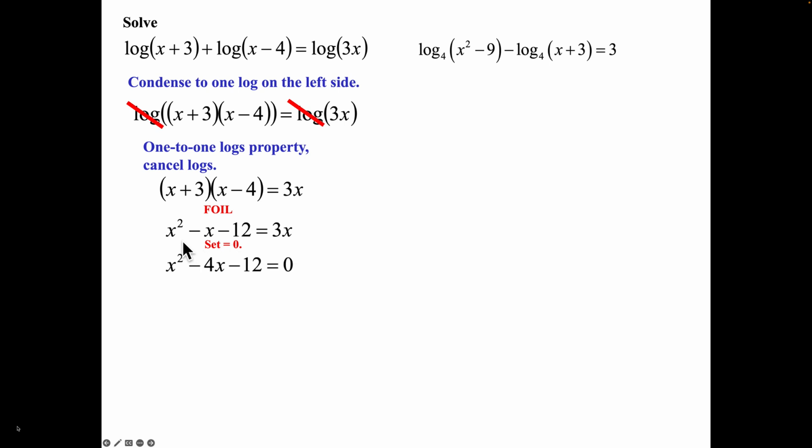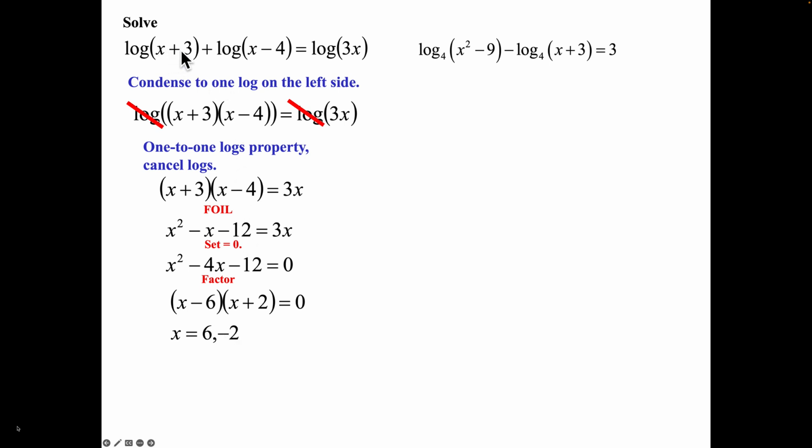Subtract over the 3x, so it's equal to 0. Now factor. What 2 numbers multiply to be 12 and subtract to be negative 4? How about negative 6 and a positive 2? So the answers are x equals 6 and negative 2. And I gotta say, wait a minute. Always check these numbers, especially the smallest.